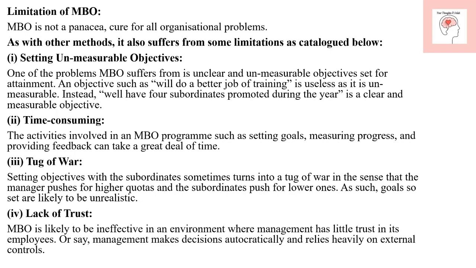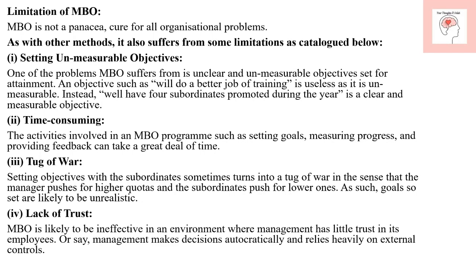One of the problems MBO suffers from is unclear and unmeasurable objectives set for attainment. An objective such as 'will do a better job of training' is useless as it is unmeasurable. Instead, 'will have four subordinates promoted during the year' is a clear and measurable objective.